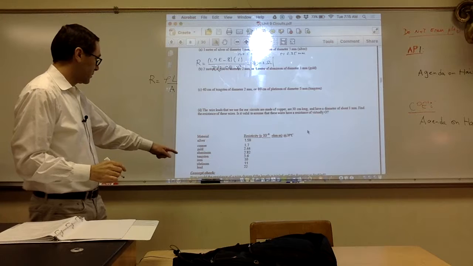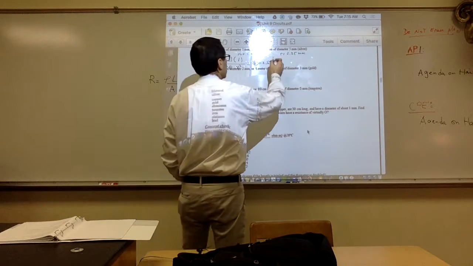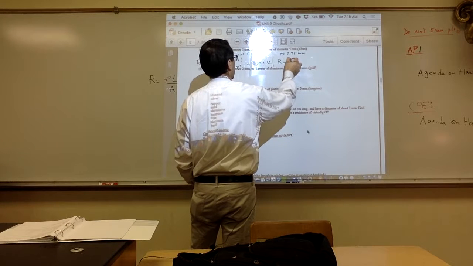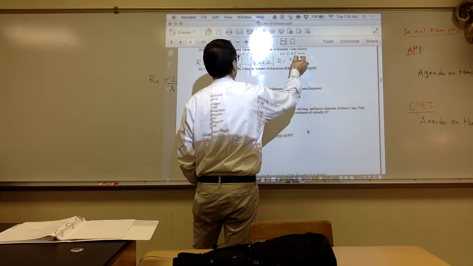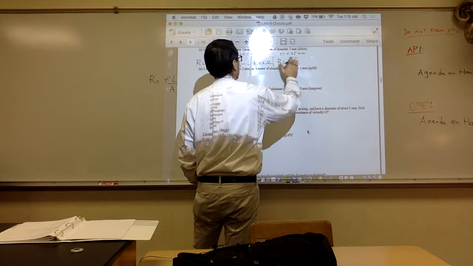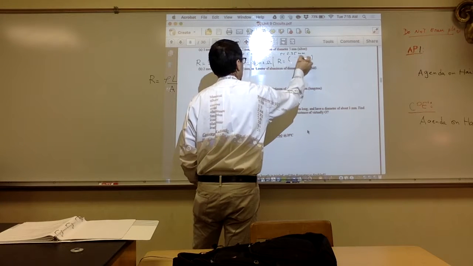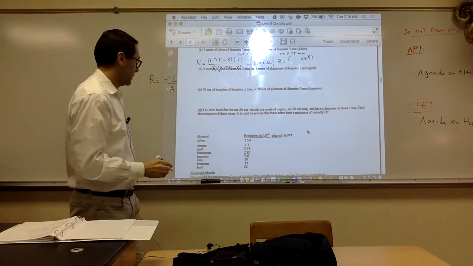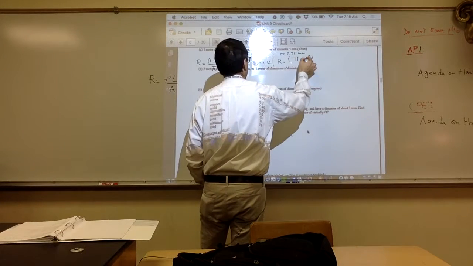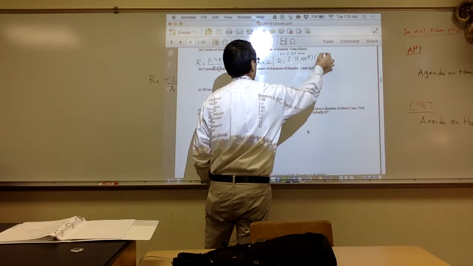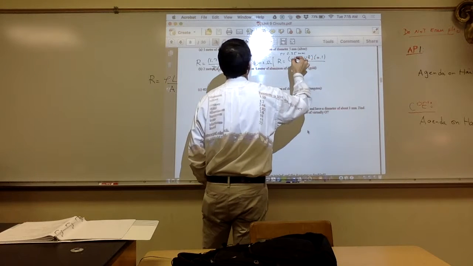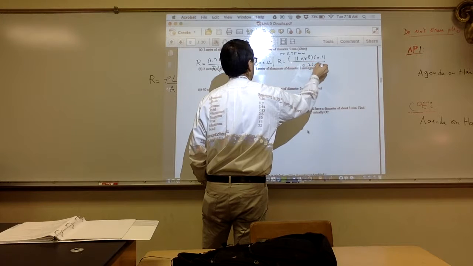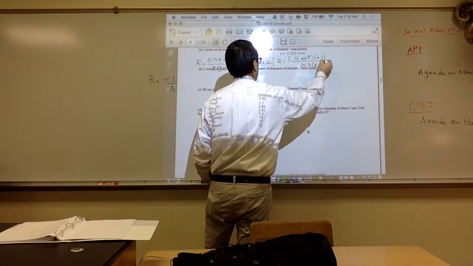You do the same thing for the iron. So R equals, 10 centimeters is 0.1 meters, and the resistivity for iron is 11 times 10 to the negative 8 times the length, which is 0.1, over pi times 0.25 times 10 to the negative 3 squared.